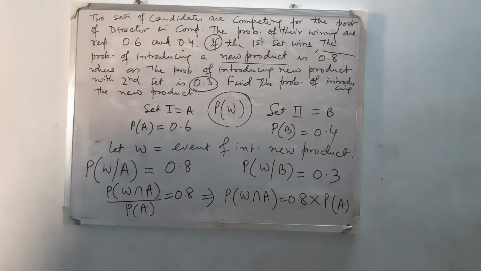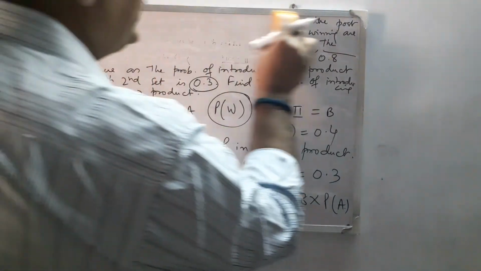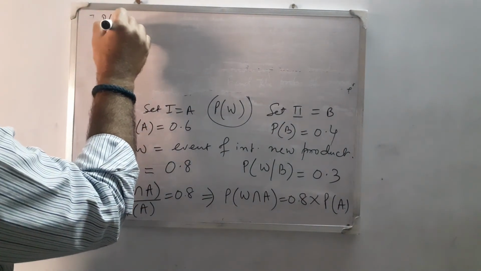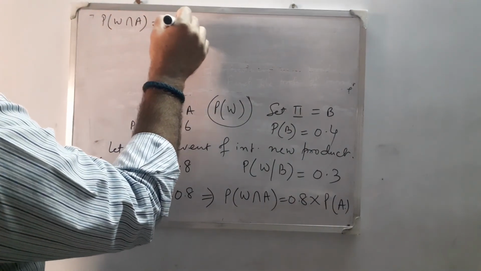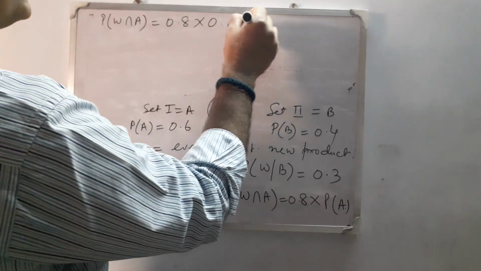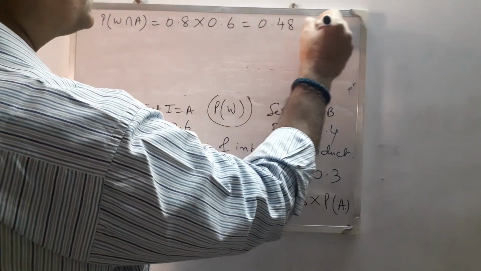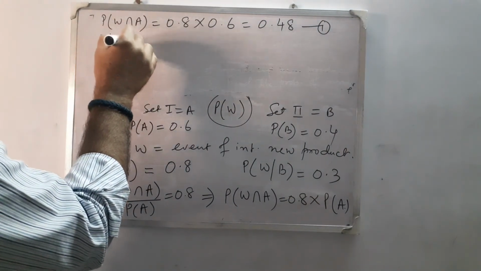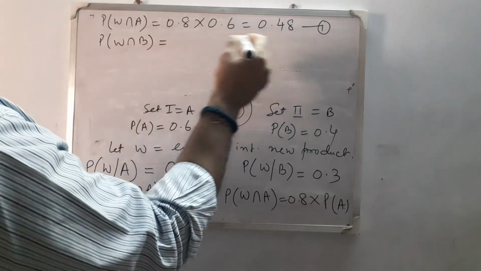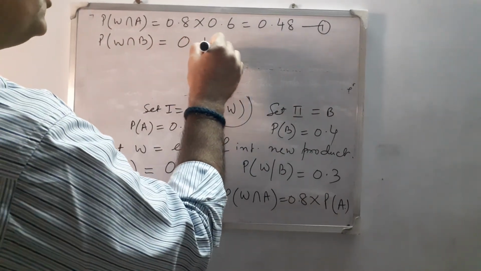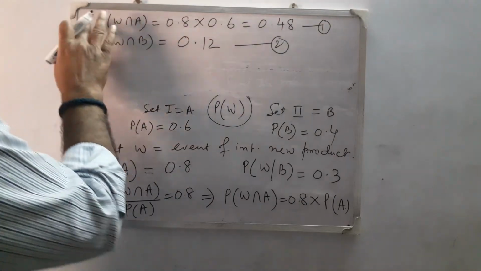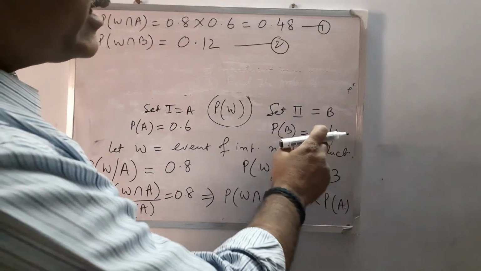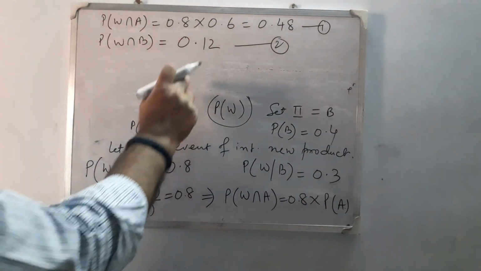Now put down the value of PA, which is given to you. PW intersection A is equal to 0.8 into 0.6, so it is 0.48. So this is number one. Similarly, if you calculate PW intersection B from the second result, taking PB to the right hand side, you will get 0.12.